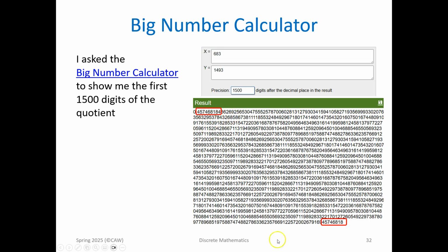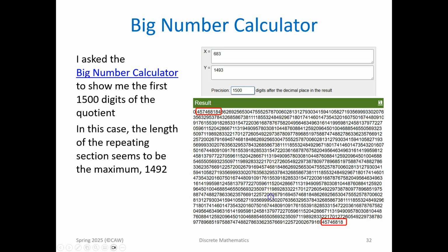I'm just showing you in red here that it looks like we do have the repetition. Way down here on the bottom, we have the 4, 5, 7, 4, 6, 8, 1, 8. That's how this starts. 4, 5, 7, 4, 6, 8, 1, 8, and then it goes on. So this is the cutoff at 1500. I could go farther to see if indeed it continues following this, but I'm going to just assume, and I did a few calculations lowering the precision, and it seems to me that the length of the repeating section is 1492.